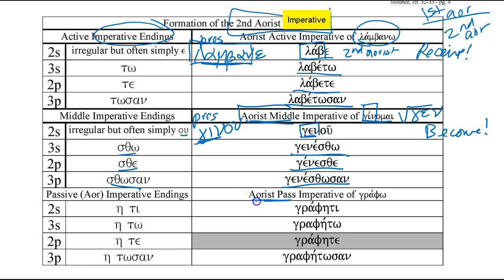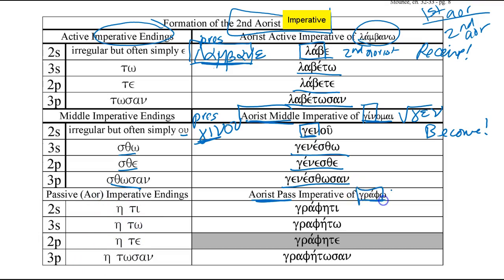And for the aorist passive forms, for grapho, remember that for the aorist passive forms, it usually uses theti, theto, thete, theto-san. But for the second aorist passives, the thetas are all dropped.